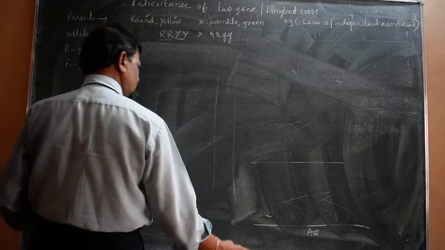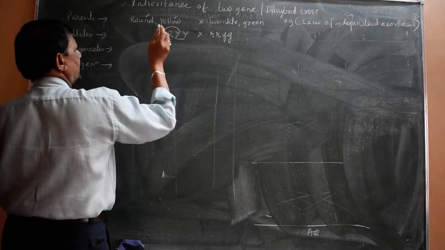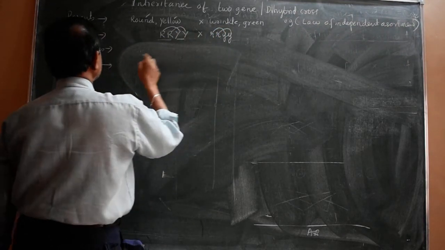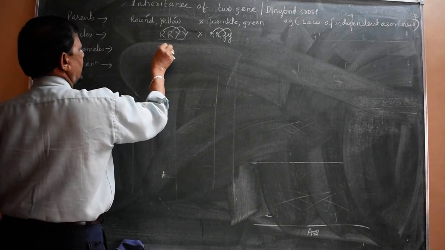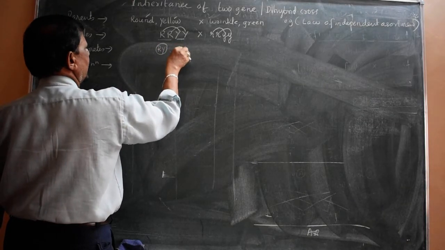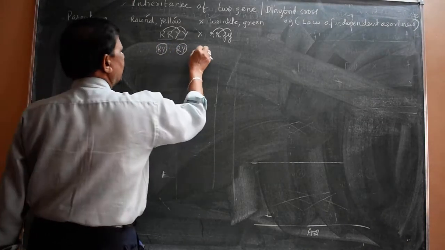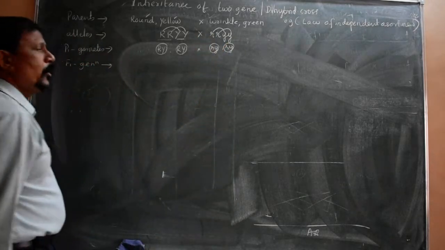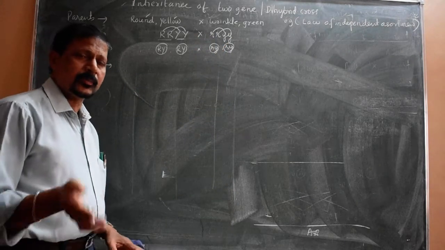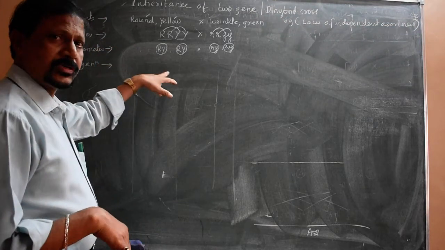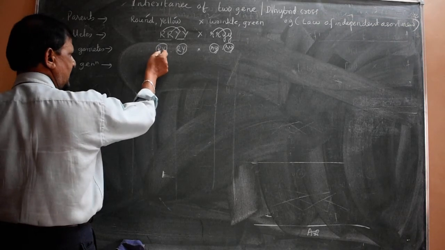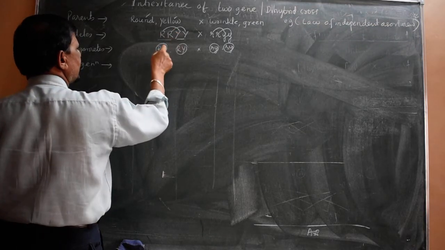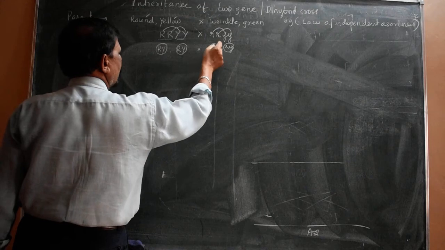Actually you should not separate the capital R, capital Y, and capital R, capital Y. Earlier I wrote the gametes of each character separately, but since it is a dihybrid cross, you have to write the gametes of both characters together. So this gamete is capital R, capital Y, and this one is small r, small y.